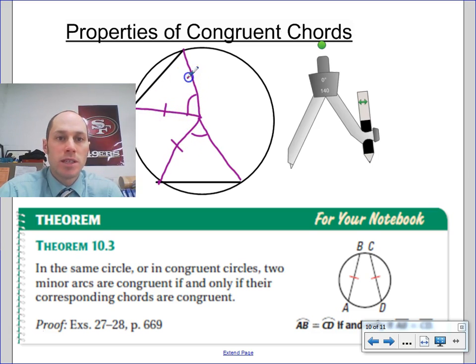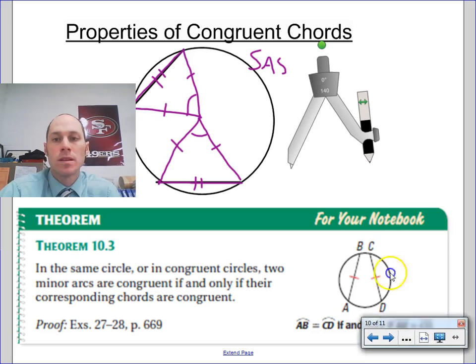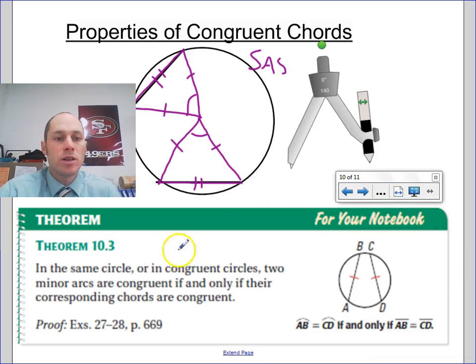So this radius would be the same as this one, and that would be the same. And this chord forms, yes, you guessed it, another triangle. So by side angle side congruence, we know these two triangles are congruent. And if the triangles are congruent, corresponding parts would also have to be congruent. So that proves why this theorem works.